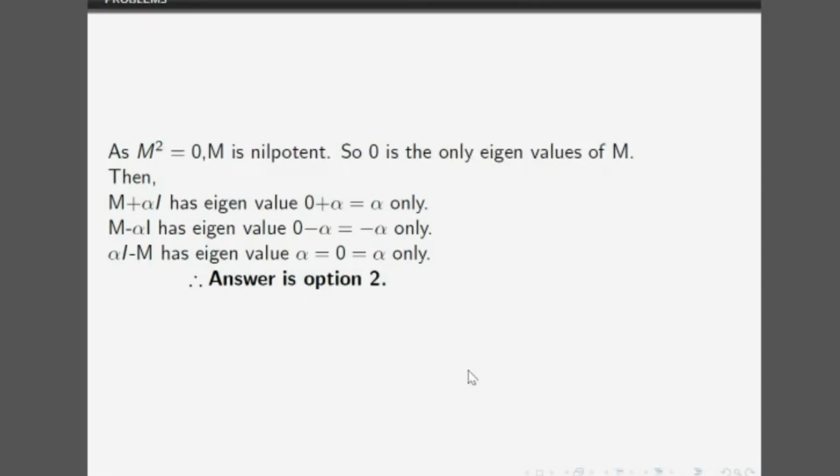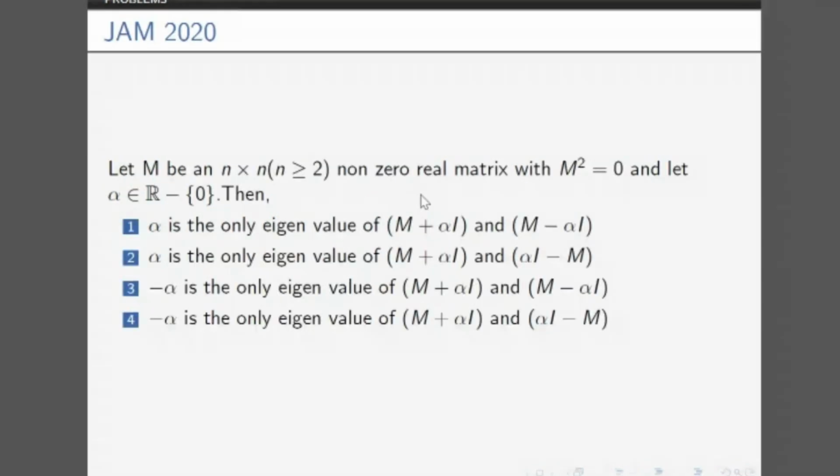Using that idea, M plus alpha I has eigenvalue 0 plus alpha, which is alpha. M minus alpha I has minus alpha, and alpha I minus M again has alpha. Both M plus alpha I and alpha I minus M have eigenvalue alpha only. So the answer is option 2. Very good.